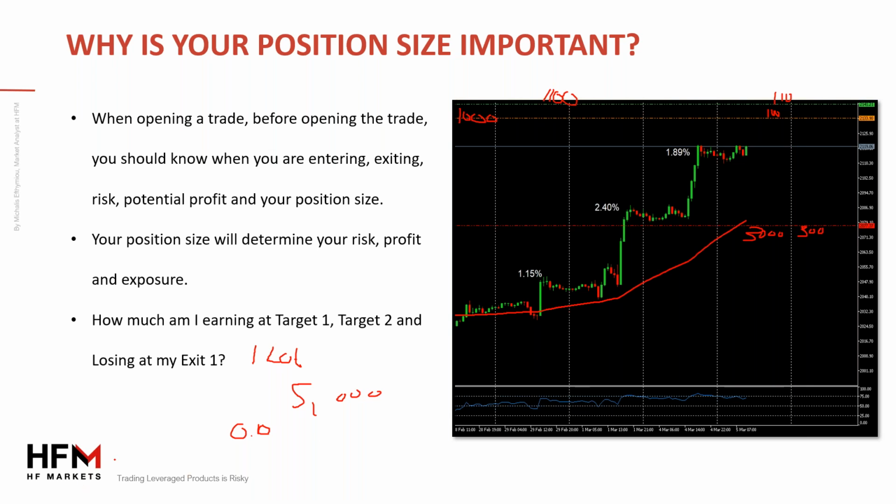Now, based on an account of 5, 6, 7,000, this is more appropriate. And again, you can open a smaller position, you can open a larger position, you can place your exit slightly higher up. This is just an example, though, ladies and gentlemen.